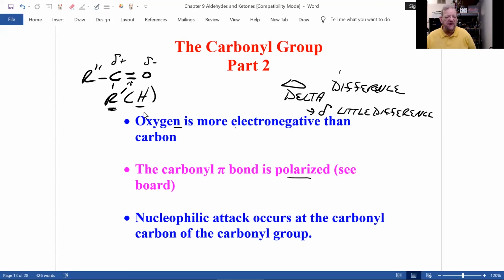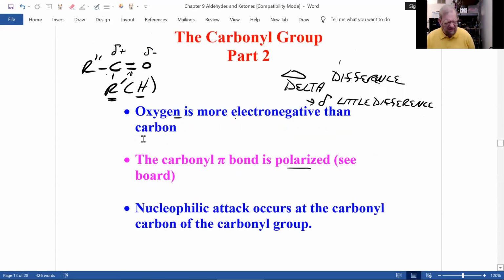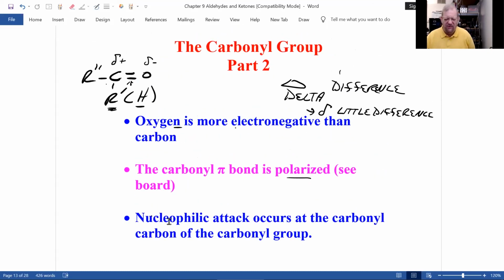So the carbonyl carbon is polarized, and that means nucleophilic attack occurs at the carbonyl carbon of the carbonyl group. What does that mean? Well, let's parse the word down. Nucleophile. Well, how many of you ever heard of an audiophile, which I am?